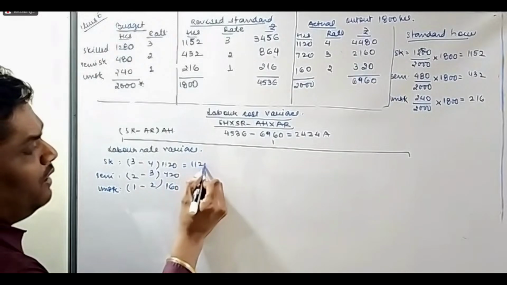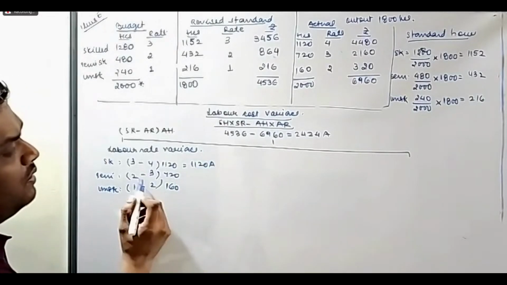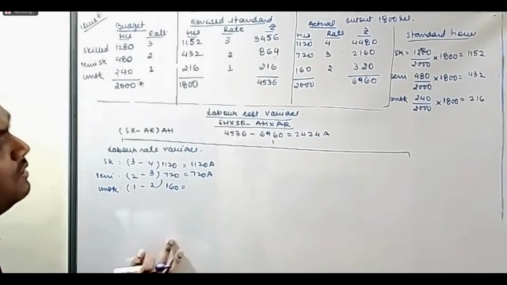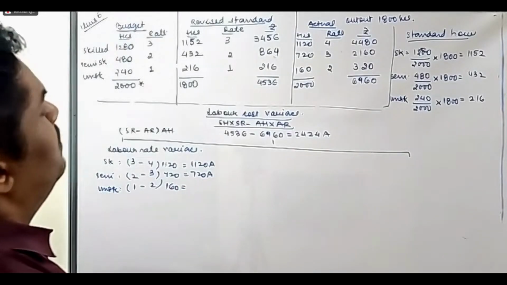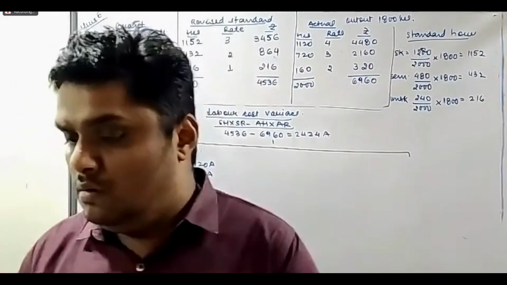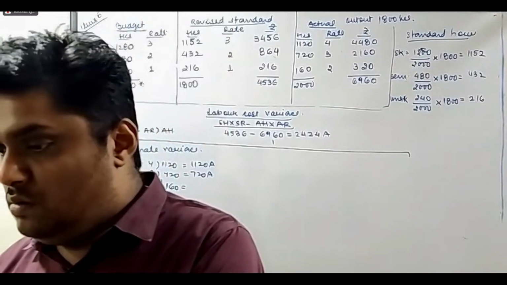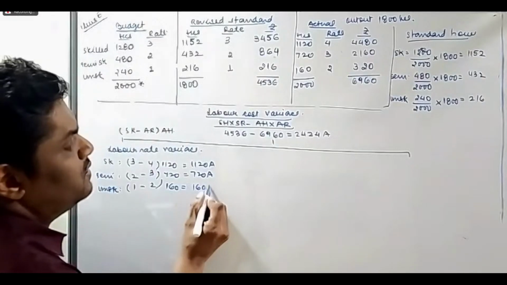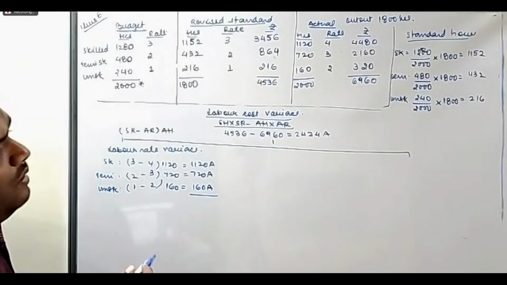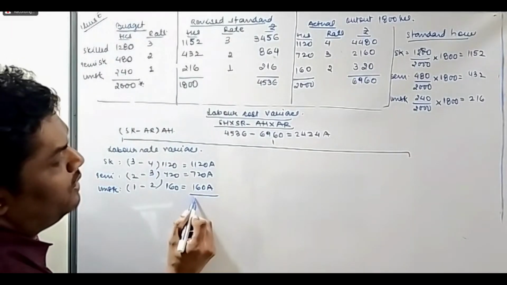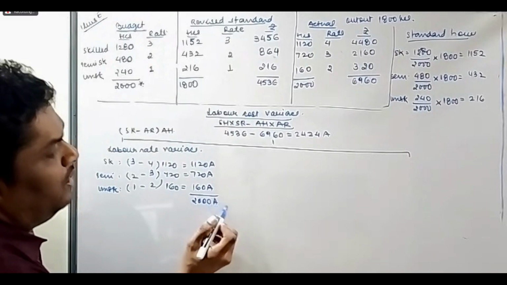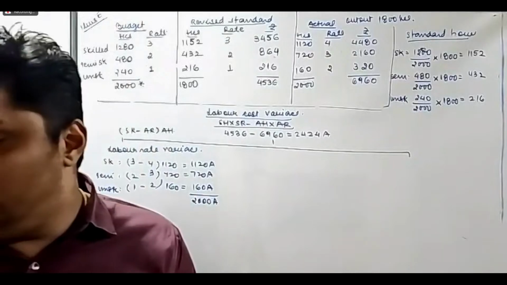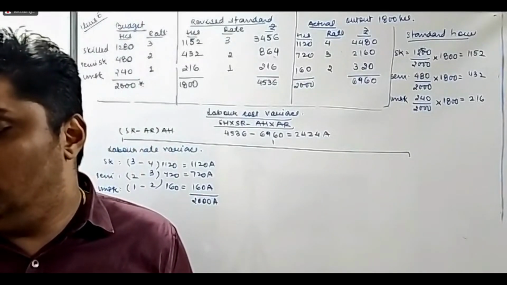So this will be 1120 adverse. This will be 720 adverse. And this will be 160 adverse. So this will be 2000 adverse. If you have any doubts till now, please post your queries.